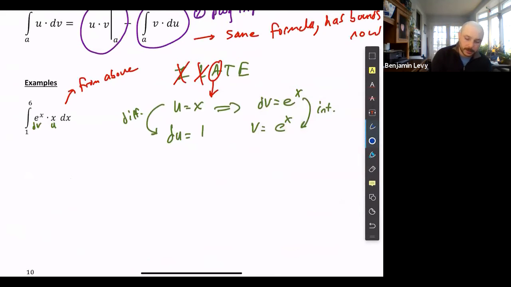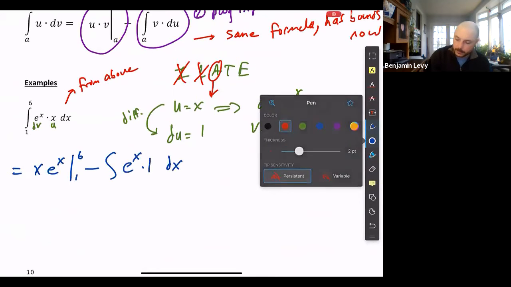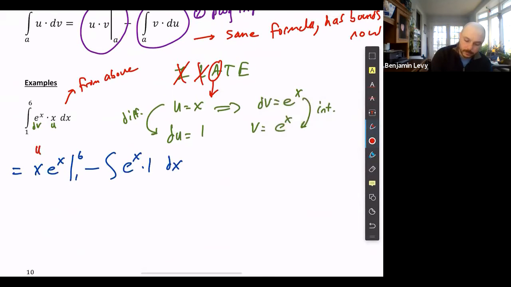So it looks like uv, but with the bounds, minus the integral of v du. Oops, I forgot to put the bounds on the second integral. It's from 1 to 6 now.